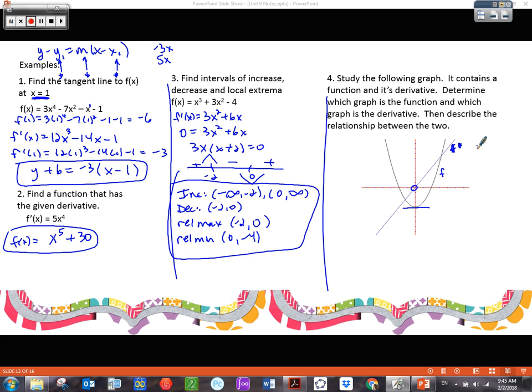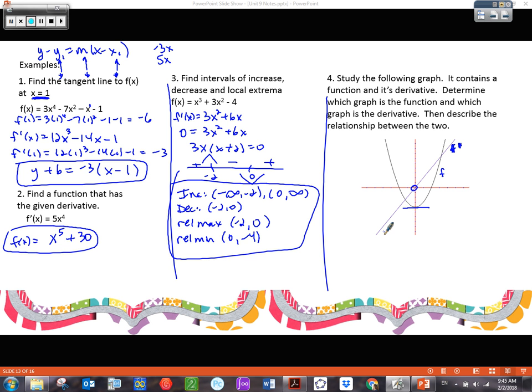Okay, let's make sure. But let's also talk about increase, decrease. So we're saying that this black one is the position. So this is decreasing, right? If the position function is decreasing, what should the value of the derivative be on that interval? Negative. Is the derivative's y value negative over here?